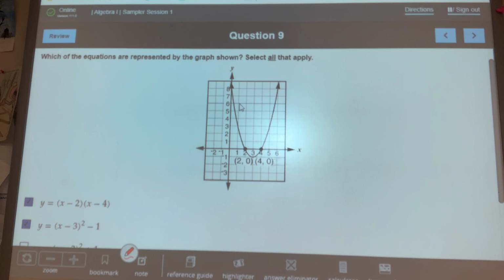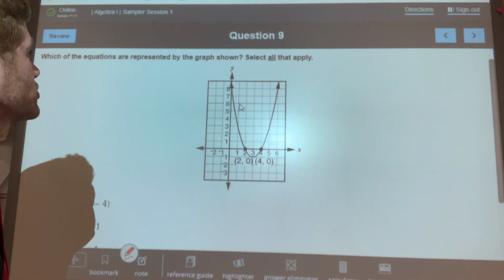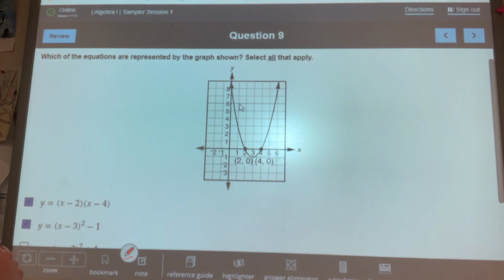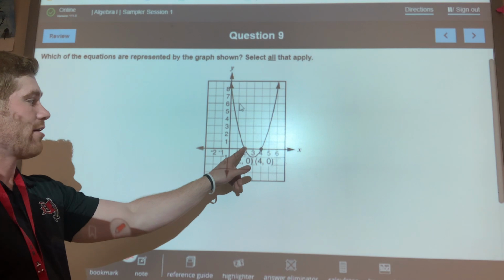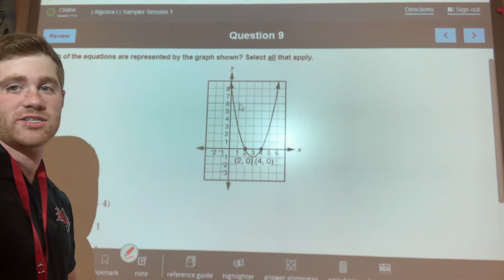Okay, this one says, which of the following equations are represented by the graph shown? Select all that apply. So if we look at this here, we know we have zeros at (2, 0) and (4, 0).